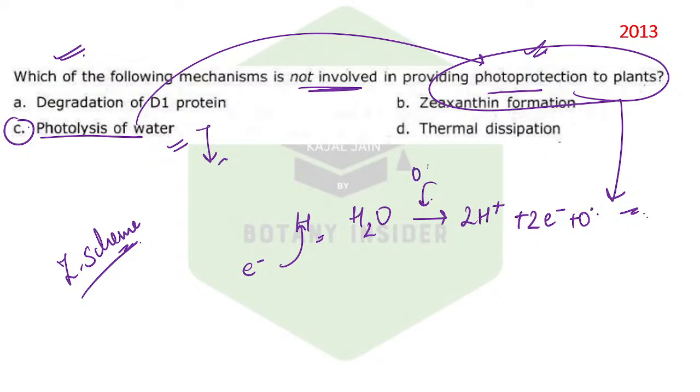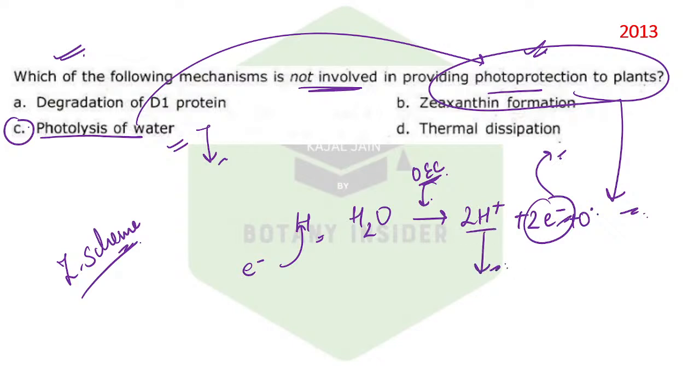Only here do you have the oxygen evolving complex helping in the entire photolysis. The electrons replenish the Z scheme's electron requirement.